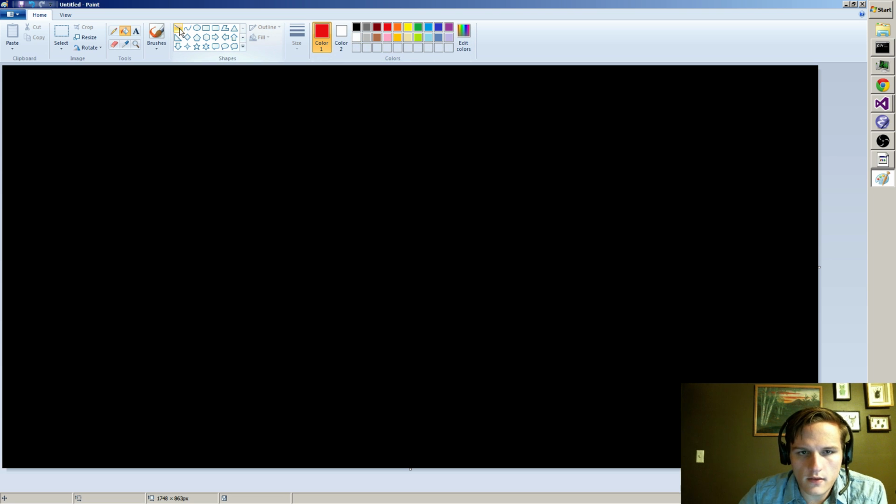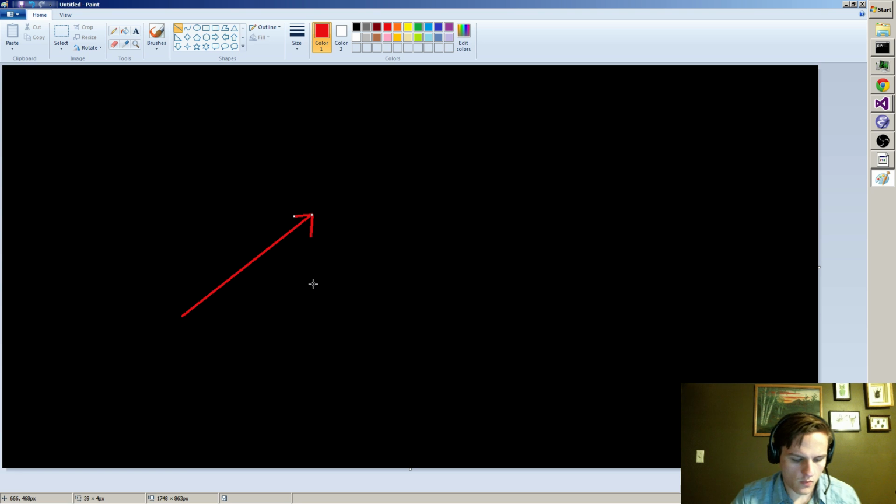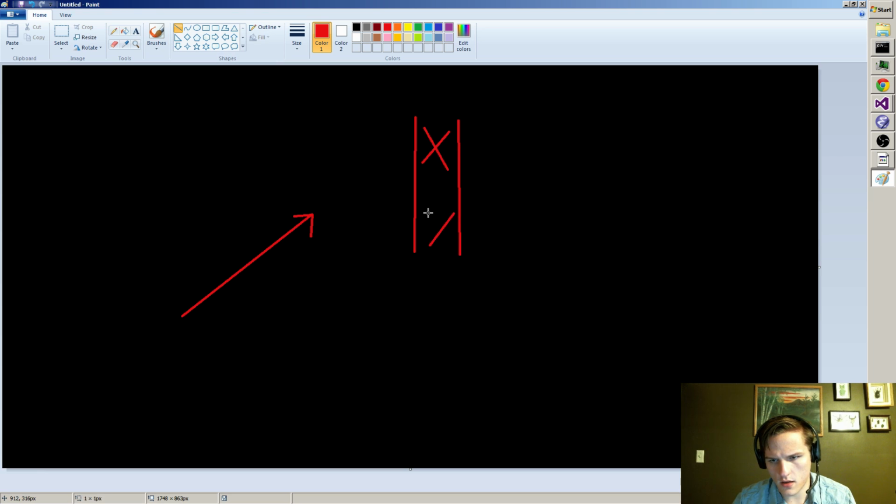All right, let's see. If I have a vector, like so, I want to rotate it. That's an x component and a y component, right? So I have an x component and a y component, x, y. And I need to multiply that by a 2 by 2 matrix.